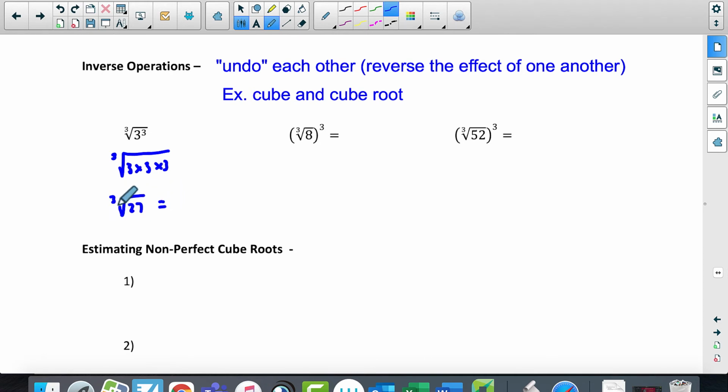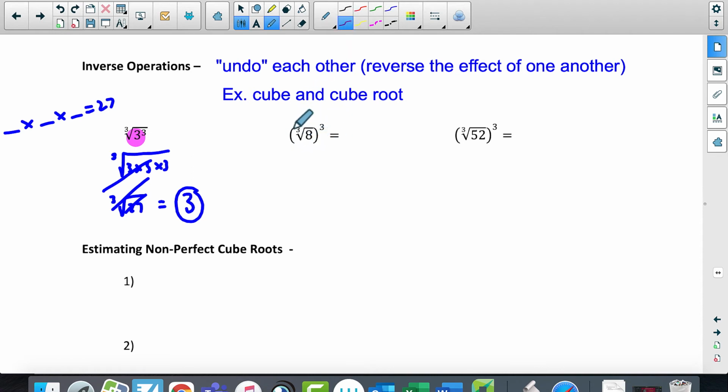We're looking for a number that multiplies by itself 3 times to get 27. That would be 3. Wait a minute, remember this? If you started with a 3 and you cube it and cube root it, you end up back at 3 again. You didn't even have to do all this work that I did here. This was completely unnecessary.